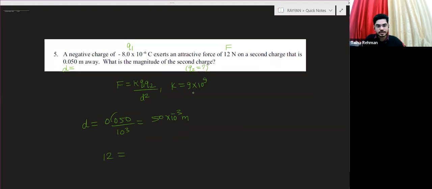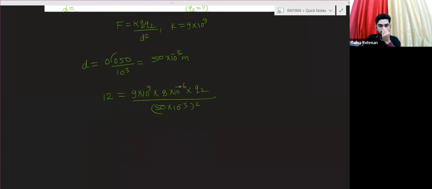Now put all the values. Force is 12 Newton, K is 9 into 10 to the power 9, Q1 is 8 into 10 to the power minus 6, and Q2 we want to find, and distance is 50 into 10 to the power minus 3 square. We can find it easily. When you cross multiply, it will become 12 multiplied by 50 into 50, this will become 2500, multiplied by 10 to the power minus 6, this is 10 to the power minus 3 square.